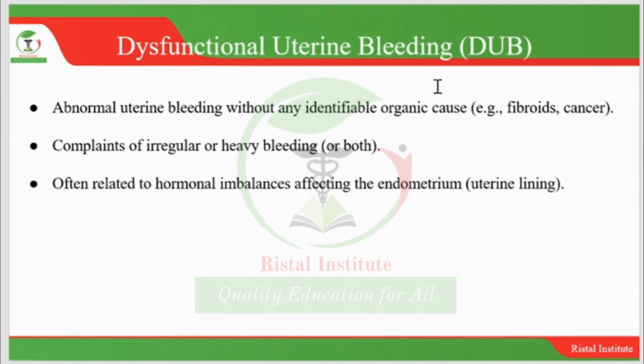Complaints of irregular or heavy bleeding can be reported by the mother, can be irregular or heavy, or both. It is often related to hormonal imbalances affecting the endometrium or the uterine wall.